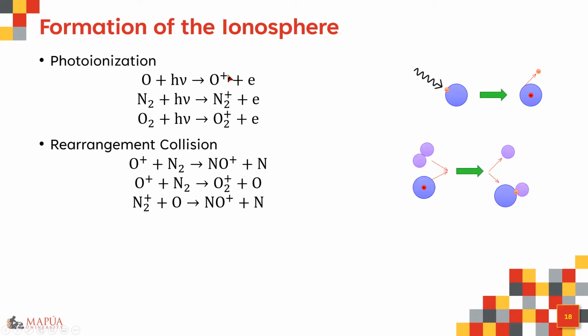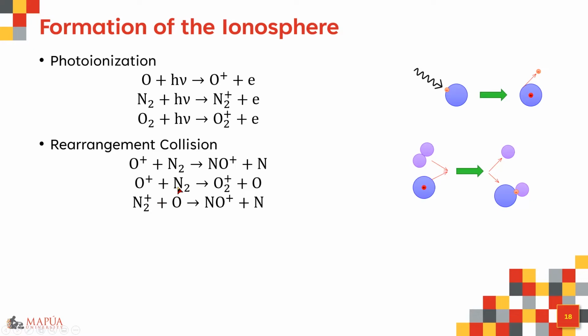So for example, this O+ ion collides with N2. When they combine, the N2 molecule would split. One of the N atoms in the N2 molecule will attach to the O+, forming NO+, and then another product would be your atomic nitrogen. Same thing goes here.